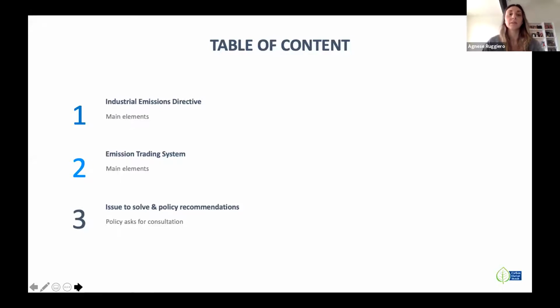Christian has explained the main elements of the Industrial Emissions Directive and how it combines with the emission trading system. Many mentions of this have been made throughout Christian's presentation. So I'll try to wrap up, clarify some of the issues and outline our policy recommendations for the upcoming review of the Industrial Emissions Directive.